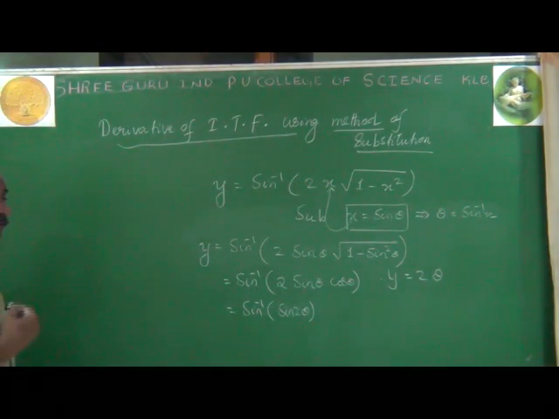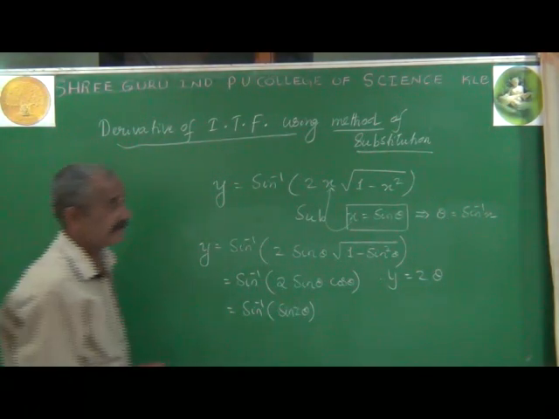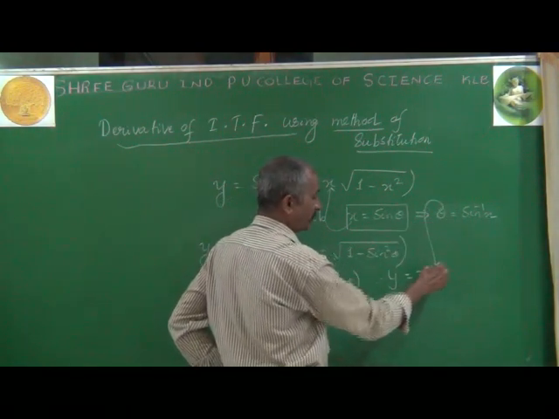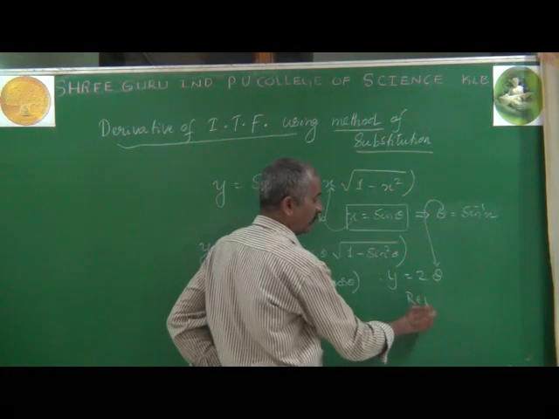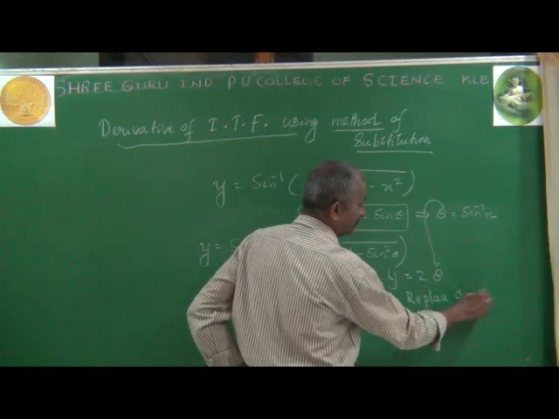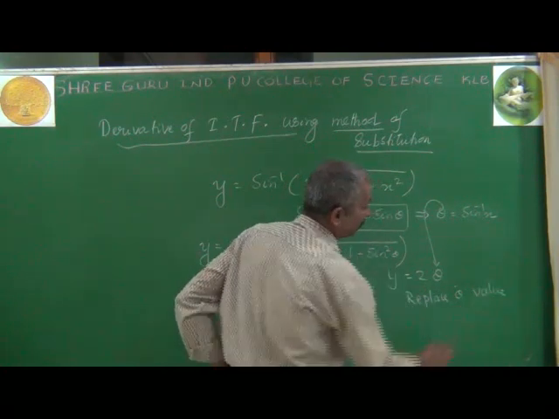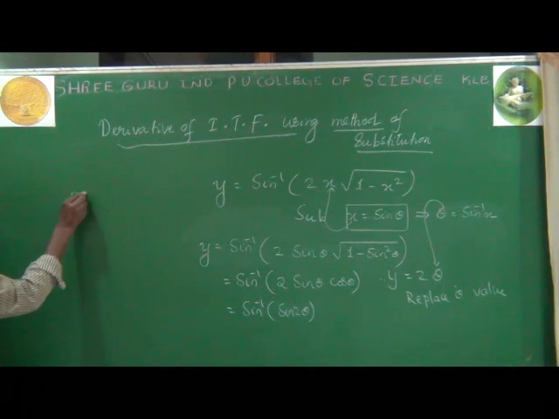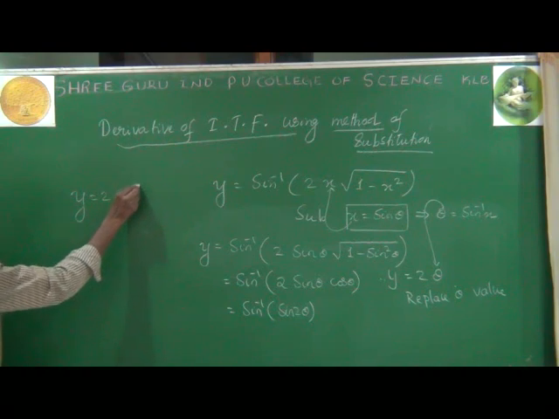Now before differentiating with respect to x, compulsorily replace back the value of theta. So let's replace the value of theta without fail. The value was found as sine inverse of x. Hence now y becomes 2 into sine inverse of x.